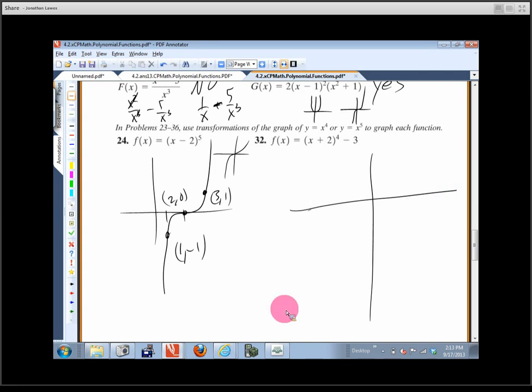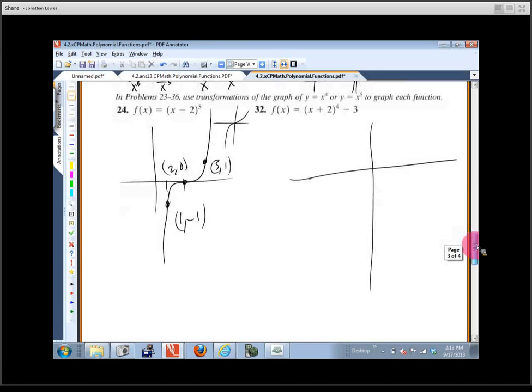Is this a parabola? Does it look kind of like a parabola? A little bit. But it's definitely not a parabola.